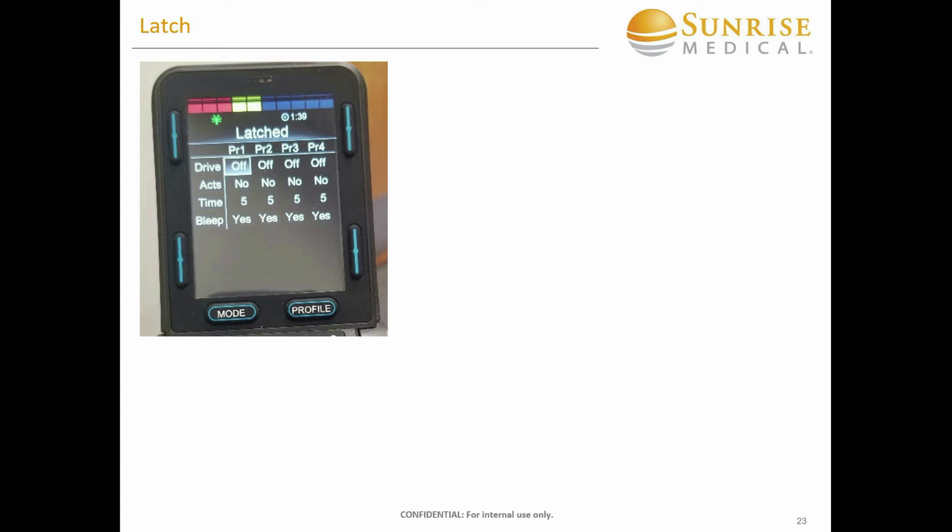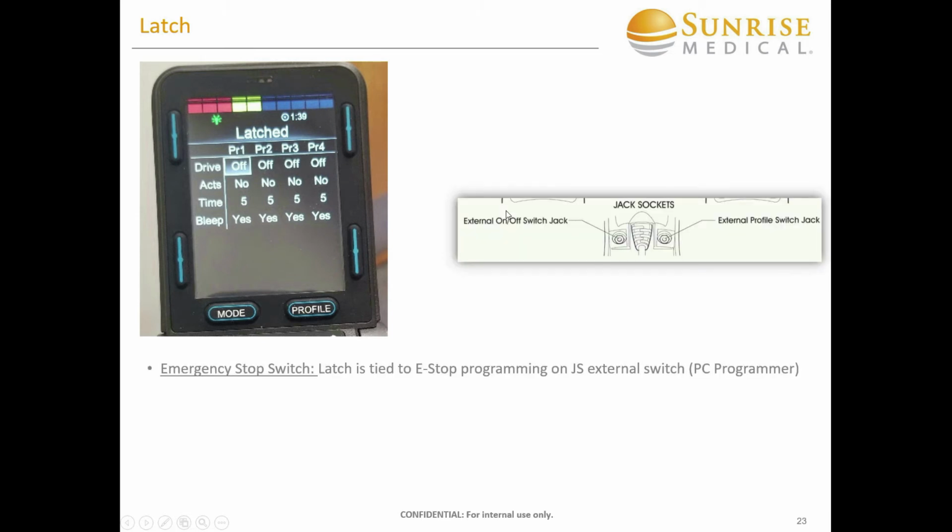Now, there are obviously some safety things that we need to be concerned with there, because we don't want the chair driving off in a direction that is unsafe. So you do have the capability within each of the profiles to set if you want latch to be turned on. Now, it should be noted that in order to get the latch to work, there must be a device plugged into the bottom of the joystick.